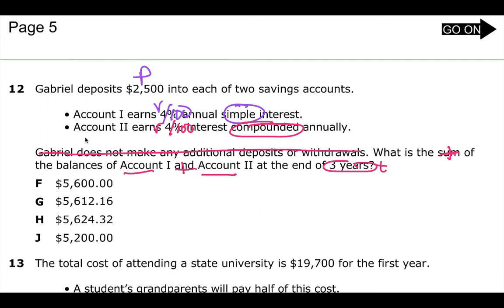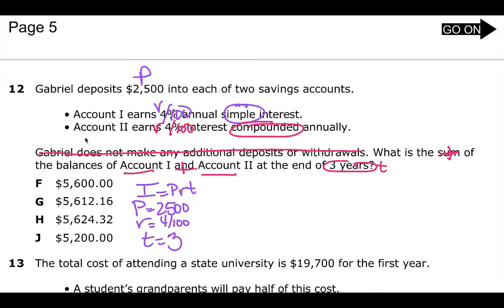So, first one, simple interest. I equals PRT. P is 2,500. My rate is 4%, so 4 over 100. And my time is 3 years. Miss Tanner, what did I do? You didn't make any mistake. It wants our balance at the end.